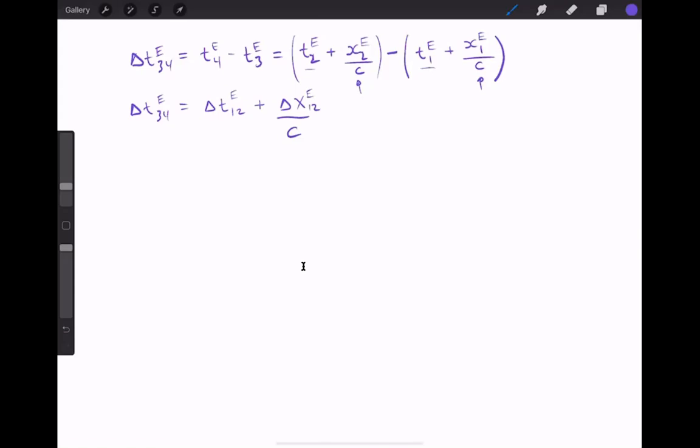So now we can relate the distance that the spaceship moves, and we know that the distance the ship moves between events 1 and 2 is the speed. So then I have the following equation.